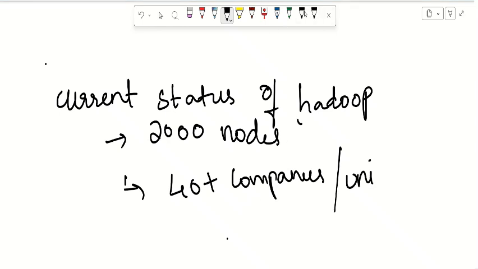Yahoo and Facebook are among the companies, with a cloud computing donation from Google and IBM, and startups focusing on providing services for Hadoop.